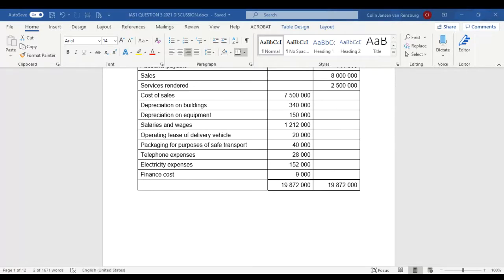They didn't tell us anything about the operating lease on that delivery vehicle, right? So let's say they didn't provide us any additional information. We are simply picking that expense up here from the trial balance, right? In that case, to which function would you have allocated the operating lease expense? If you can type for me there, please.